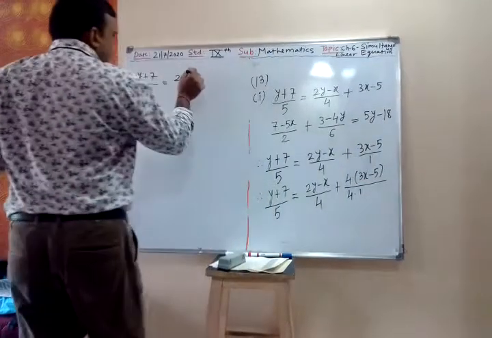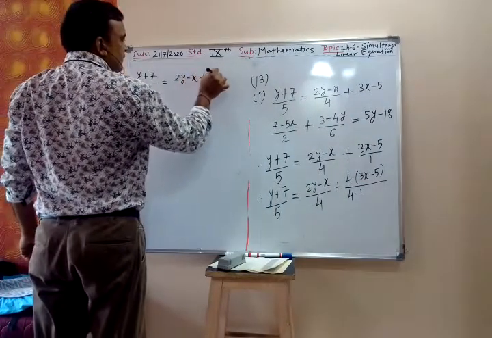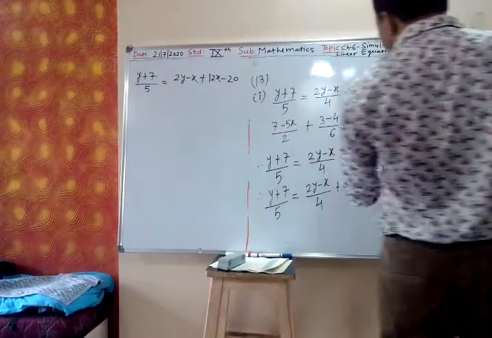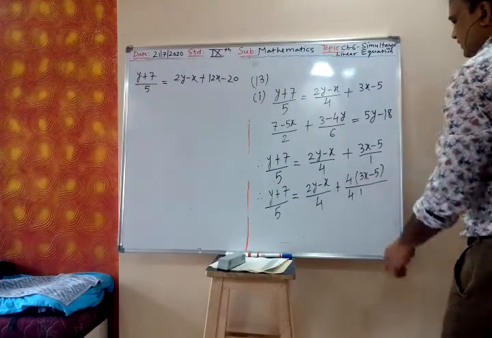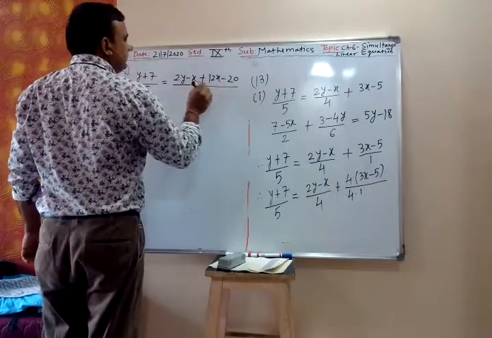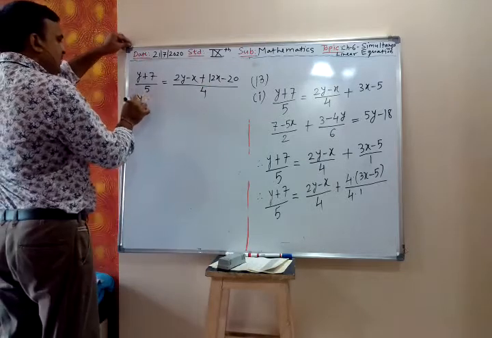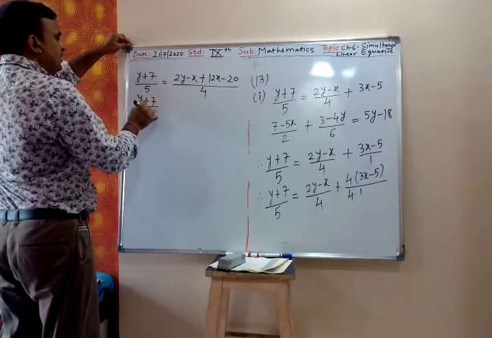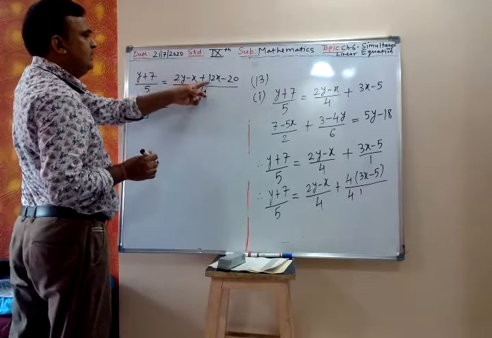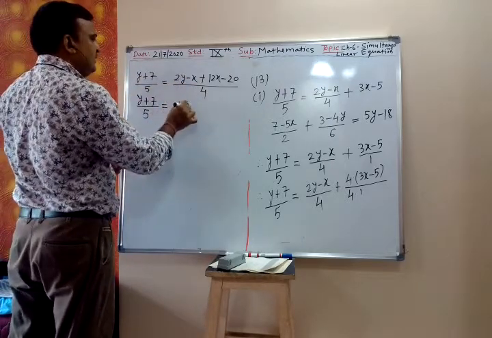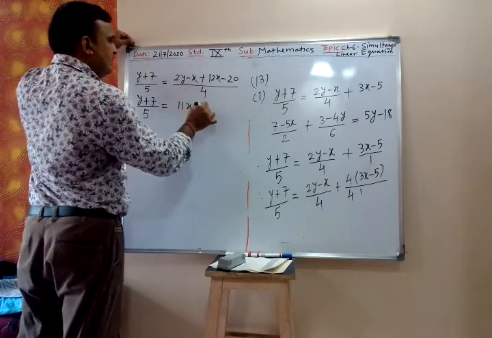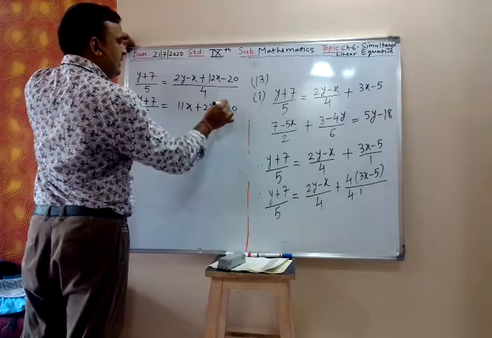So I will write 12x minus 20. All of you agree? Whole divided by 4. So y plus 7 upon 5 is equal to, now let us simplify, minus x plus 12x is 11x, and 2y, 11x plus 2y minus 20 upon 4.